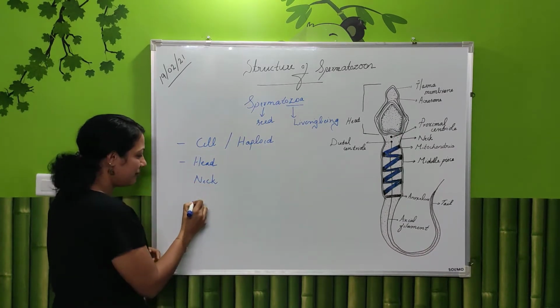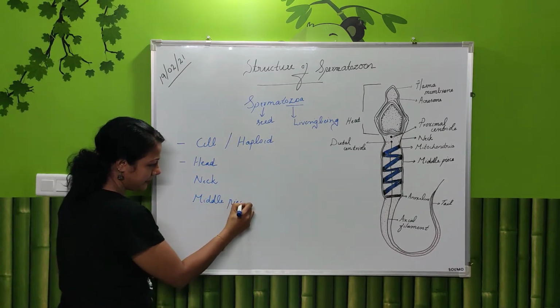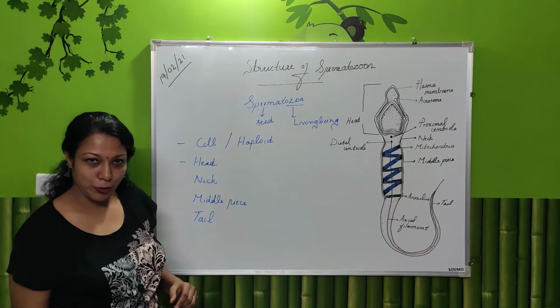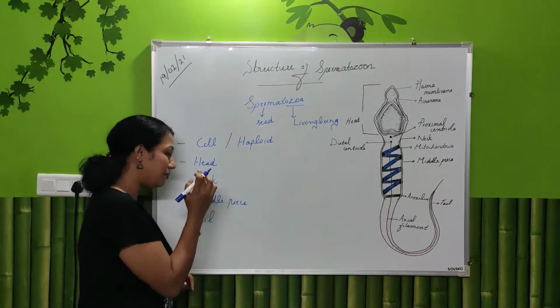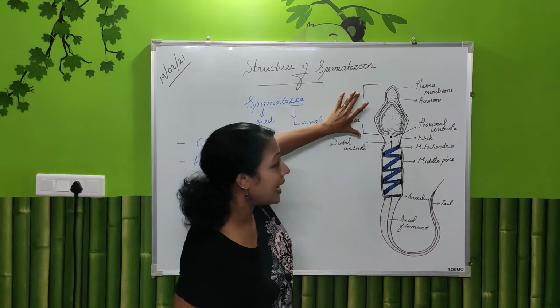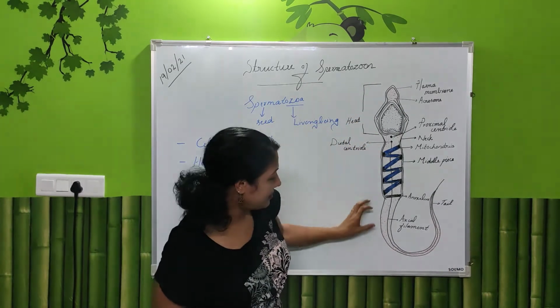The body of the sperm is divided into head, neck, middle piece and tail. Now look at the diagram. Here can you see? This is the head portion. This is the neck, middle piece and tail.